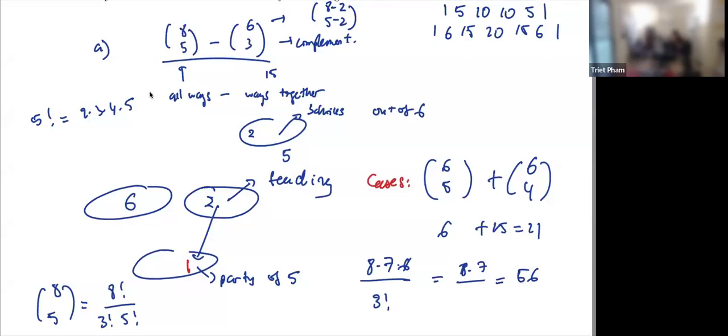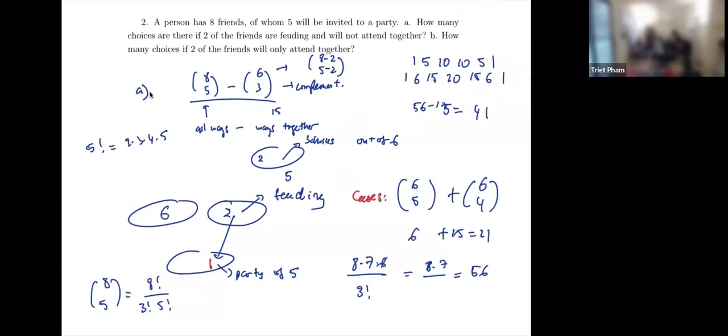I guess I'm still wrong, right? So 56 minus 15 is 41. So this is embarrassing. Did I still do something wrong here?